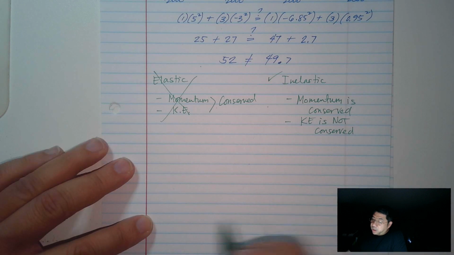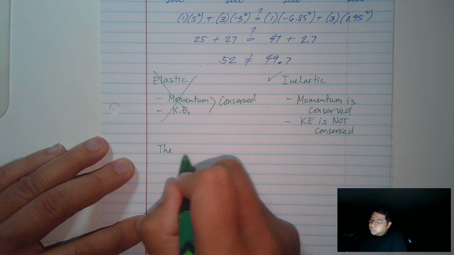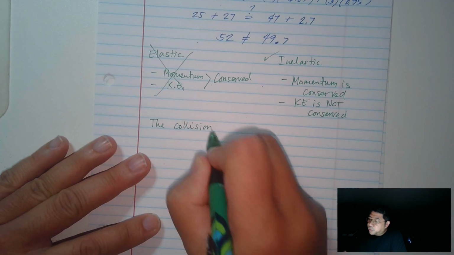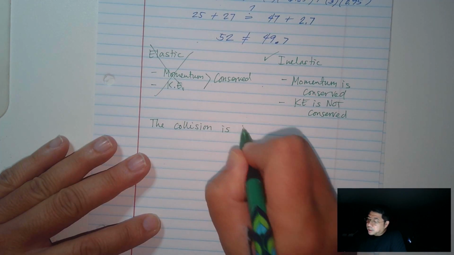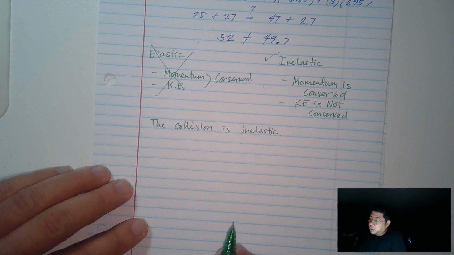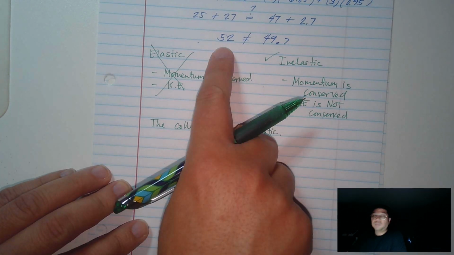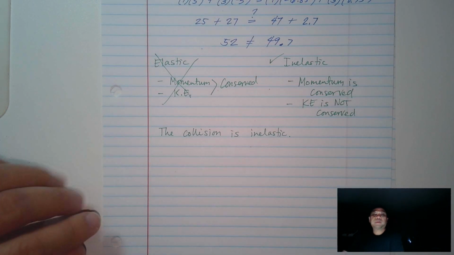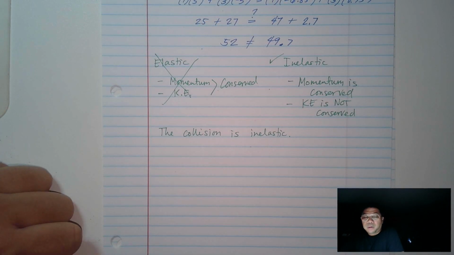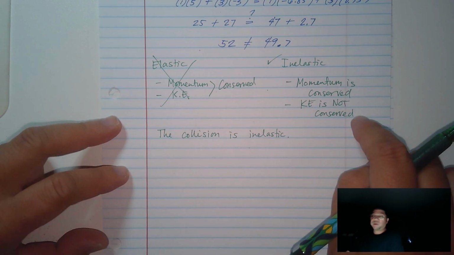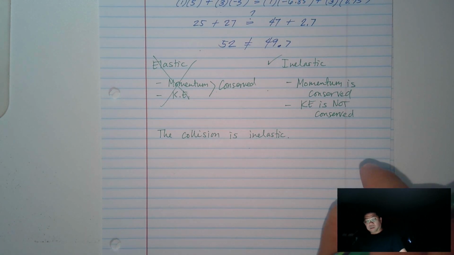So we can say that the collision is inelastic. What is your evidence? The kinetic energy is not conserved, and the momentum is conserved. And that is the description of an inelastic collision.